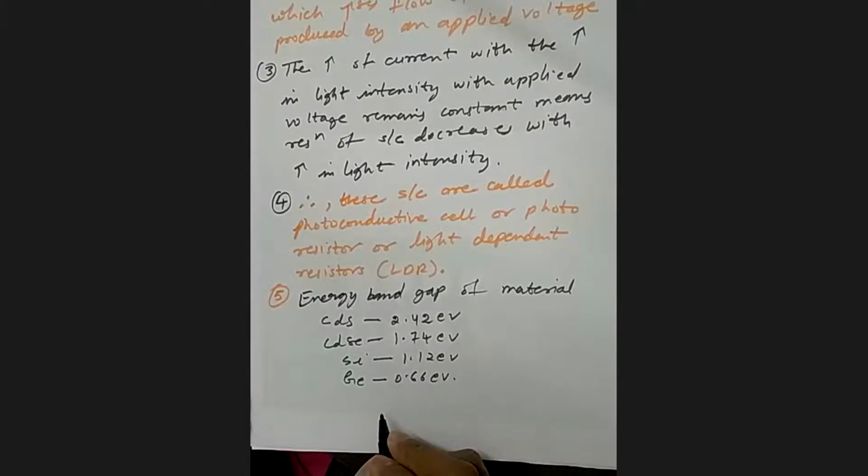On account of large energy bands, both materials, cadmium sulfide and cadmium selenide, give a very high value of resistivity at ambient temperature.